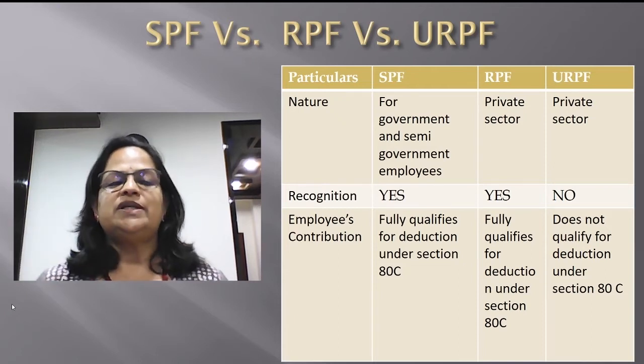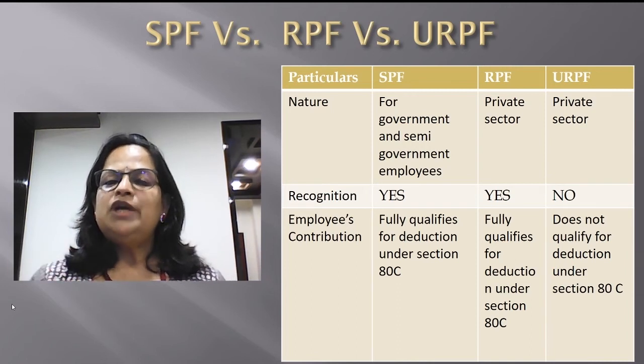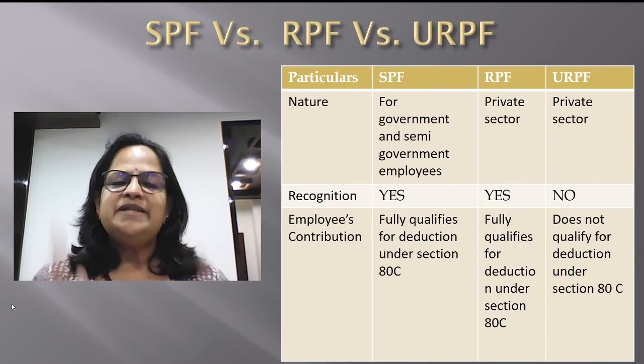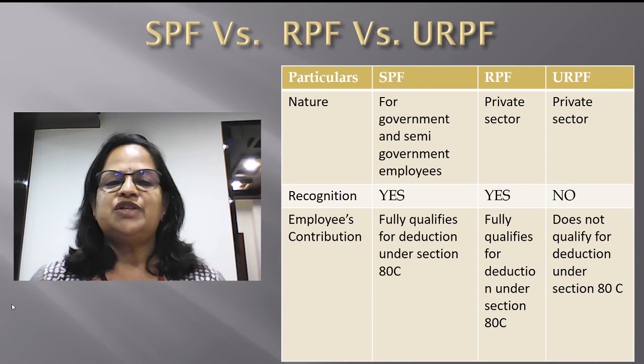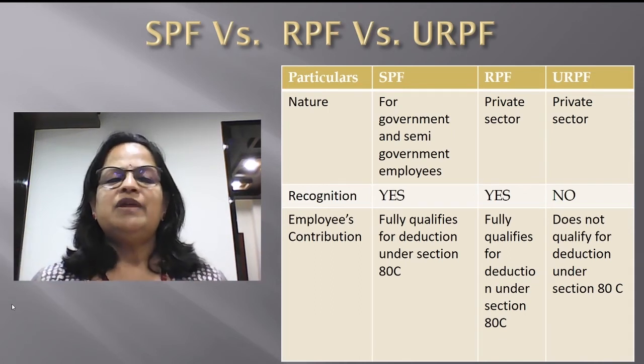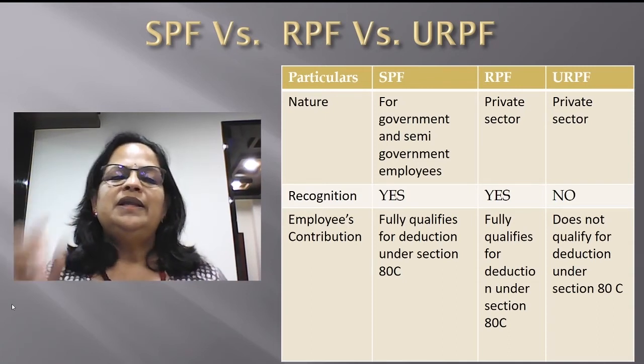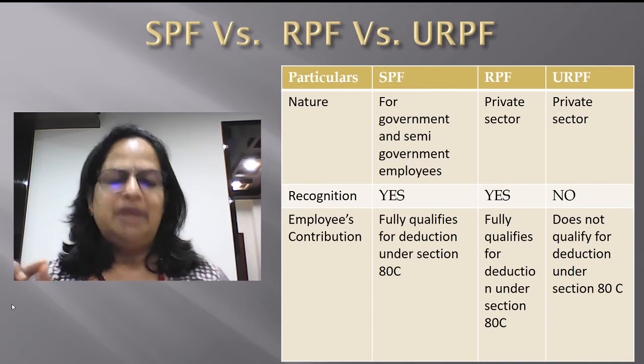Next point, recognized provident fund fully qualifies for deduction under section 80C. So statutory provident fund and recognized provident fund are eligible for claiming the deduction under 80C. Whereas for unrecognized provident fund, there is no exemption available because it's not recognized by the income tax department. They are waiting for recognition from the income tax department.